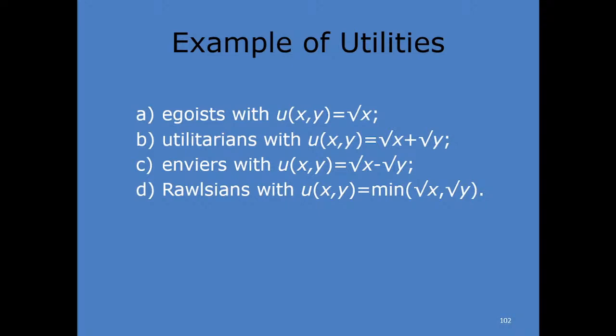If you display envy, then you deduct the payoff of the other person from yours. And if you care about the least well-off, you try to maximize u of x and y, where the arguments are both x and y, but using the minimum function, right? You're focusing on the least well-off.